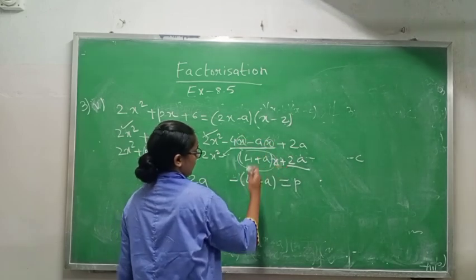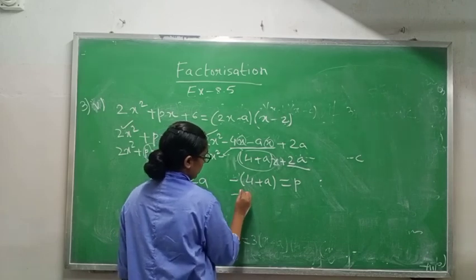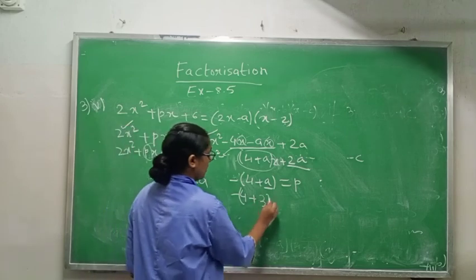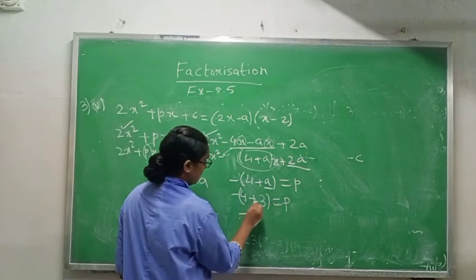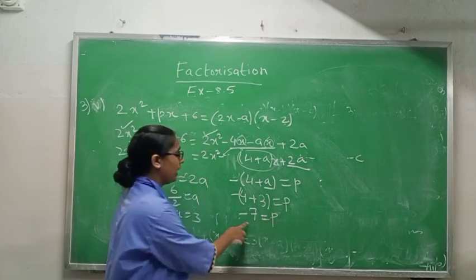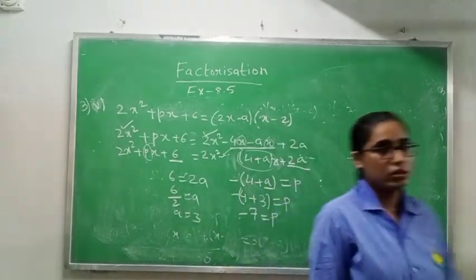So minus 4 plus, in place of a you can put 3 because you are getting 3. So minus 4 plus 3... 4 plus 3 is 7, so minus 7 equals p. So the p value is minus 7 and the a value is 3. Complete this one.